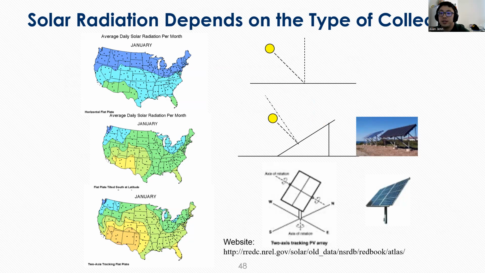The amount of energy that you get can also depend on the type of collector. And so even if you use the exact same PV technology, if you just laid it flat on the ground, the angle at which sunlight hits your collector can influence it.